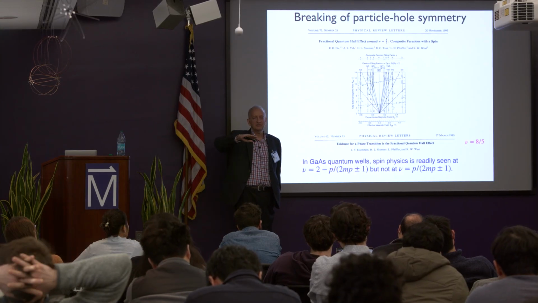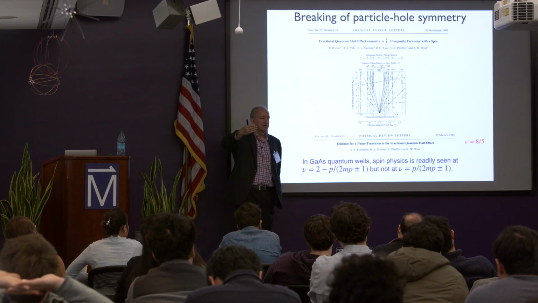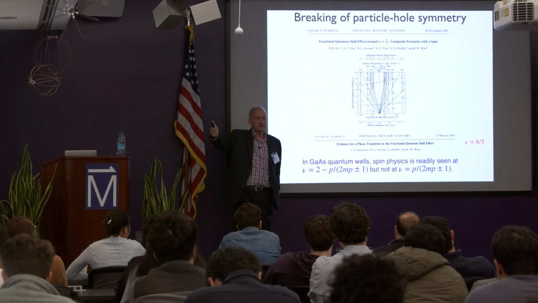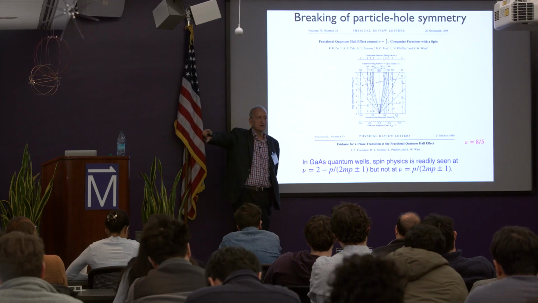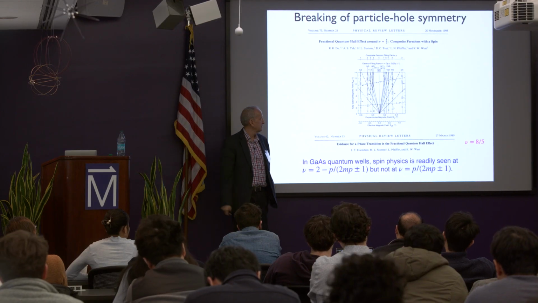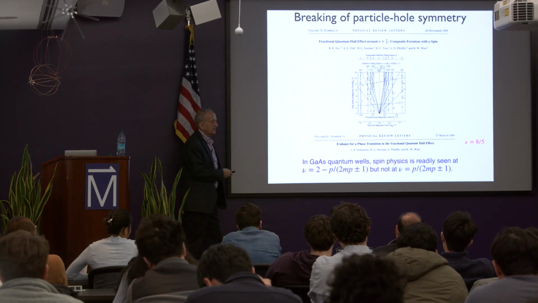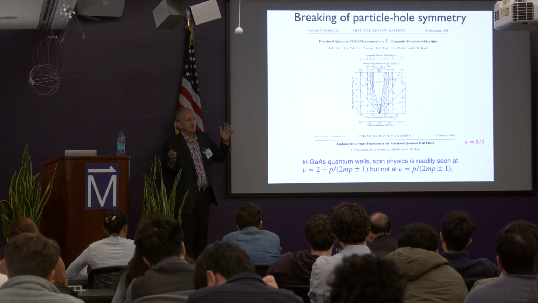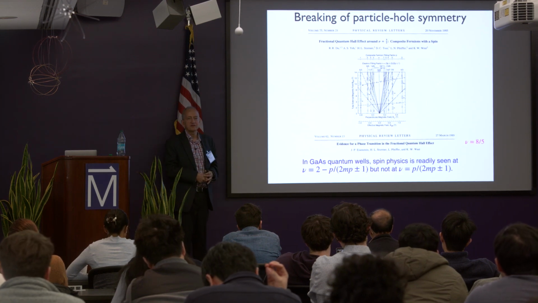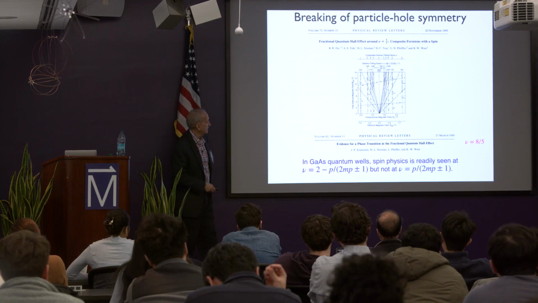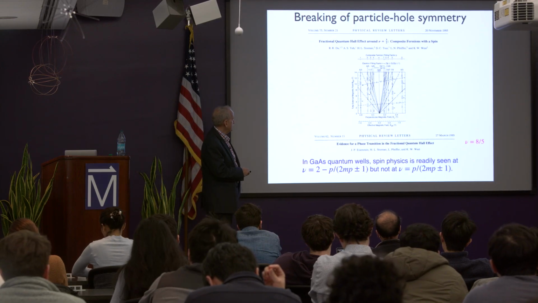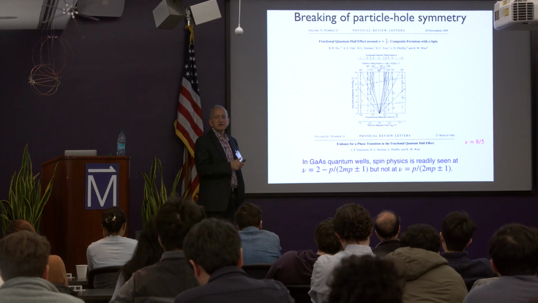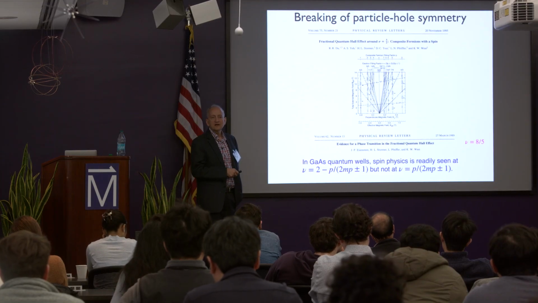Okay, so 3/2 in gallium arsenide is in the 0 up and 0 down, so up to filling factor 2, only the lowest Landau level is occupied. But you expect particle-hole symmetry to relate the physics in the vicinity of 3/2 to physics in the vicinity of 1/2. But people saw a lot of spin physics near 3/2, but not near 1/2. So that had been a puzzle.